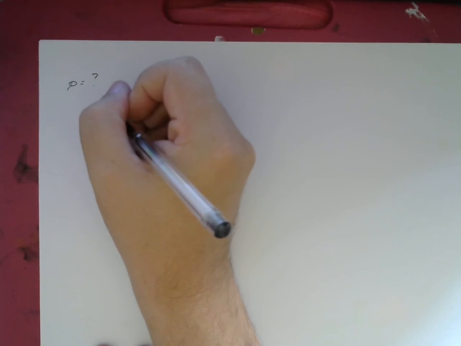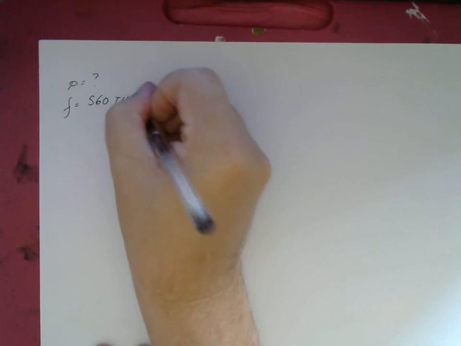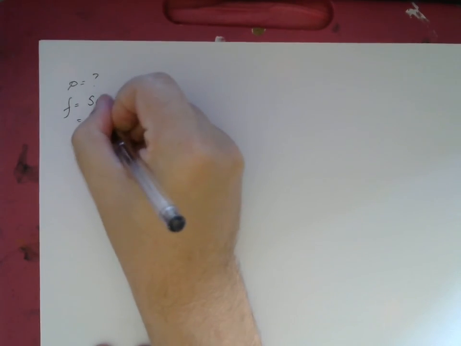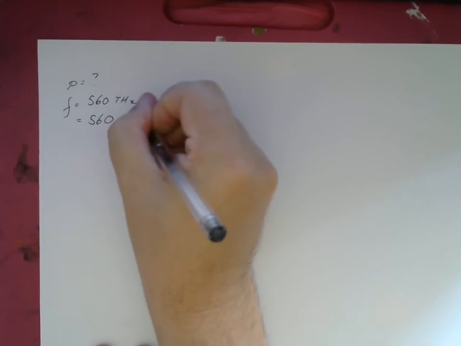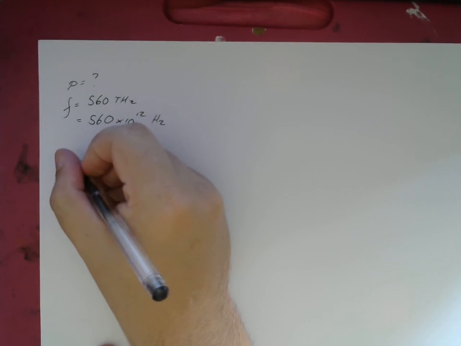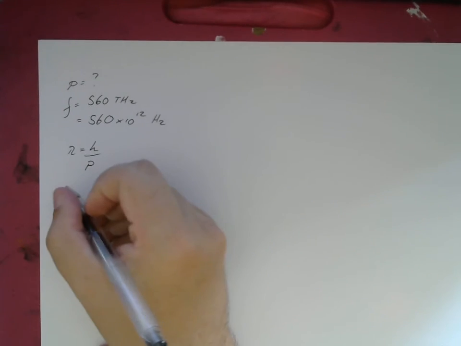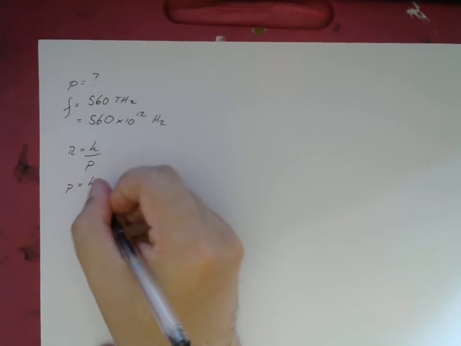And the formula we've just seen is that lambda equals h over p. If we rearrange that, we get p equals h over lambda. Oops, not frequency, lambda. But we don't have lambda, but we do have frequency. Remember, we've talked about this in class. If you have energy, you have frequency, you have wavelength. They are three facets of the same thing.